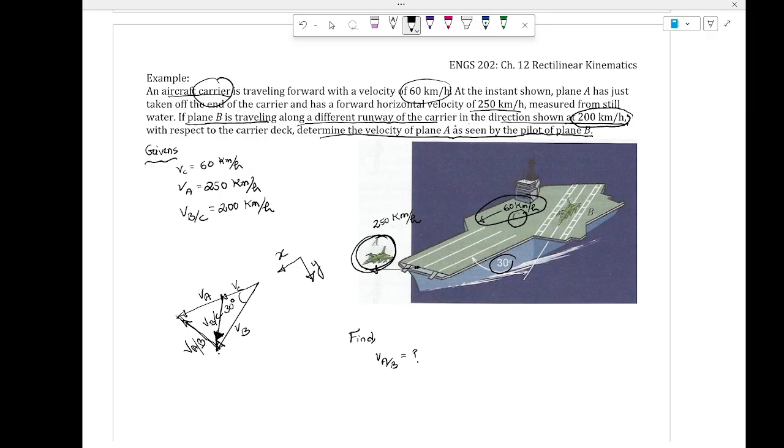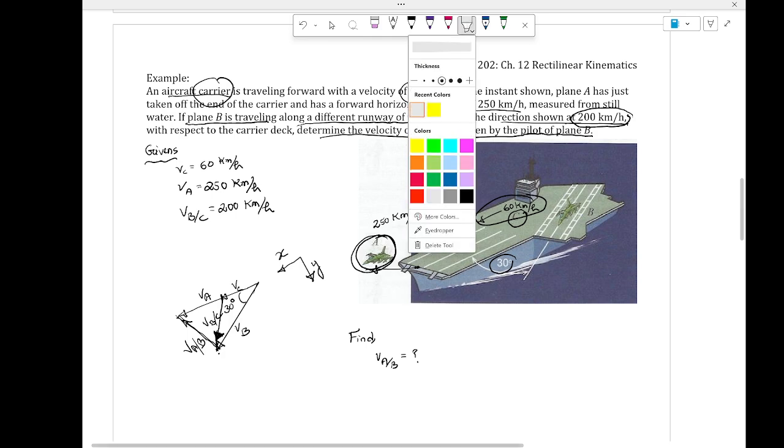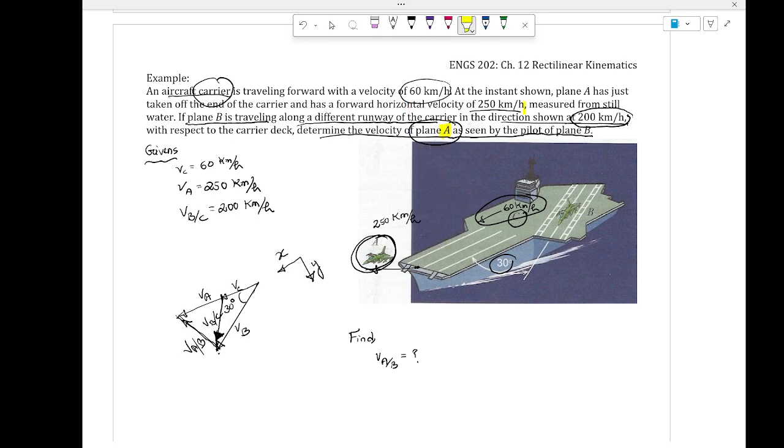Determine the velocity of plane A. So that's my A. Let's try to do a color code. So I have this A here, okay? By the pilot of plane B. So that's my B. Clear so far? So that's what we are trying to find.